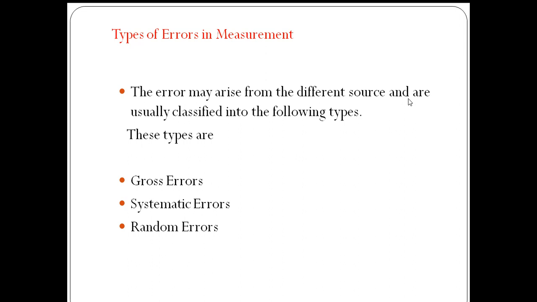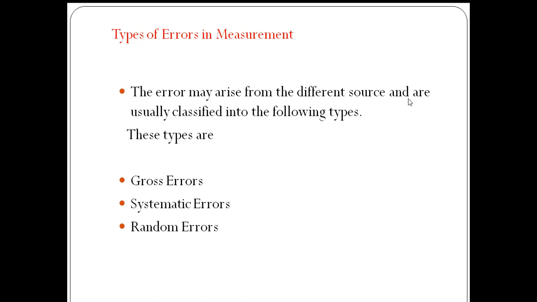We cannot 100% eliminate this error. We will minimize it by taking the average of a number of readings. By calculating the average value, we minimize the random error. So we are going to discuss these errors in detail.